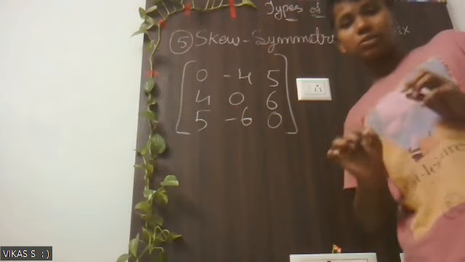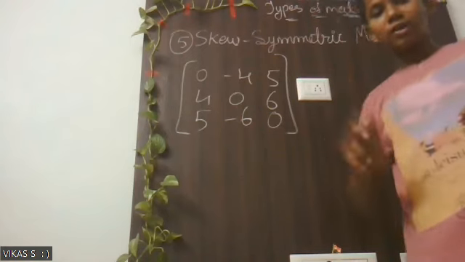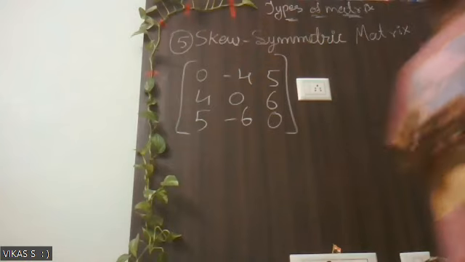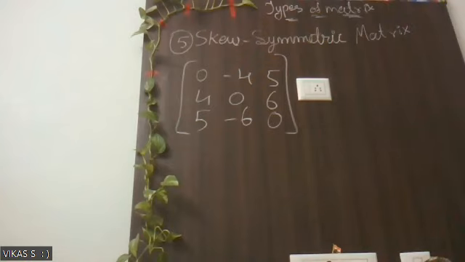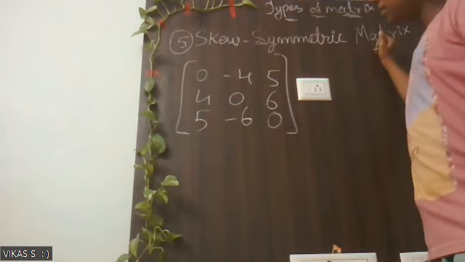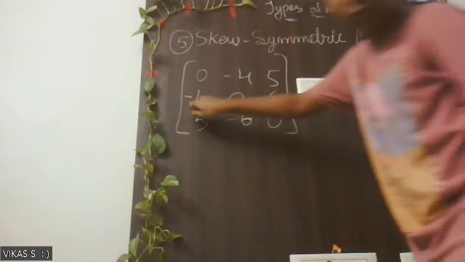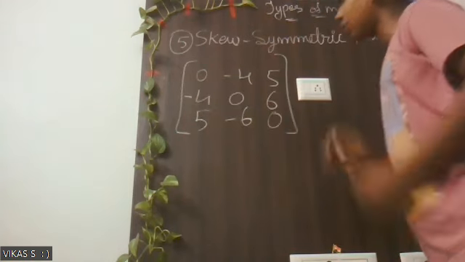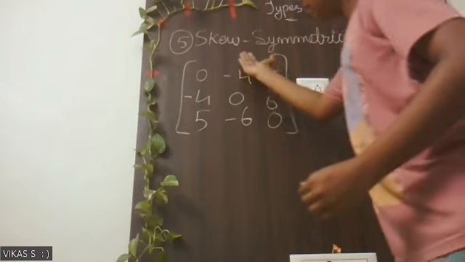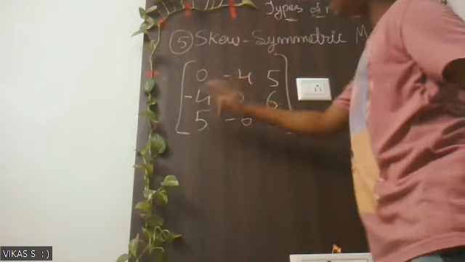It's almost the same as the symmetric matrix, but there are two changes. In a symmetric matrix, if this is 4, the other should also be 4, and when it falls together, it should be the same.